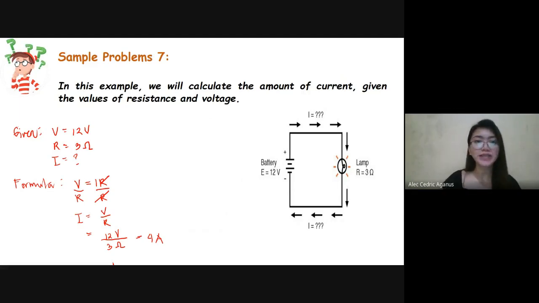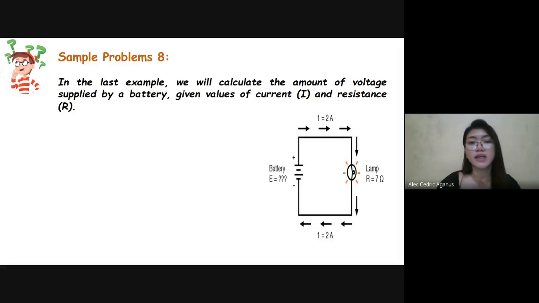Next problem. In the last example, we will calculate the amount of voltage supplied by a battery given values of current and resistance. We have R is equal to 7 ohms.